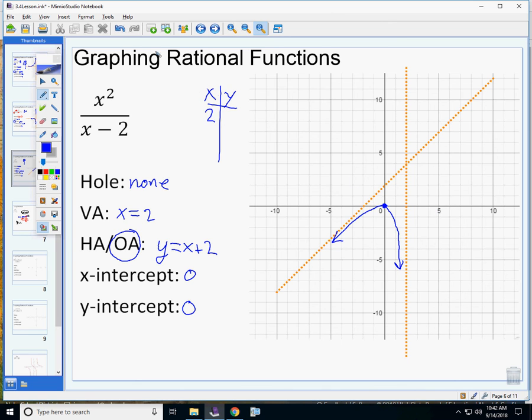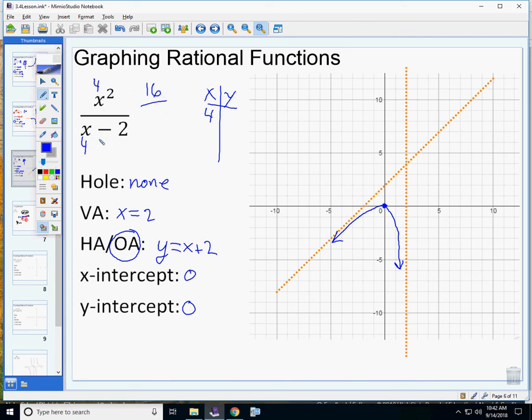Well, I can't plug in a 2, can I? Because that is where my asymptote is. So I'm going to just go over here and say plug in a 4. Now it doesn't matter, we could have plugged in a 3, a 4, a 5, a 6, etc. I just picked 4 because it was over here somewhere. So I plug in a 4 for all the x's, top and bottom. 4 squared is 16.